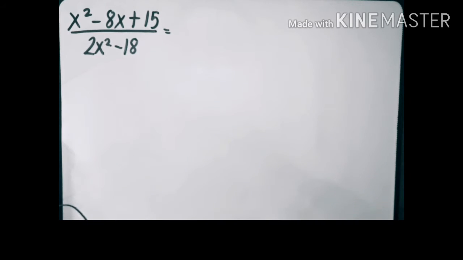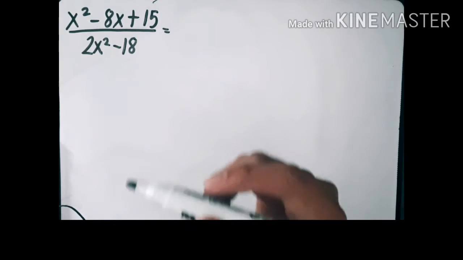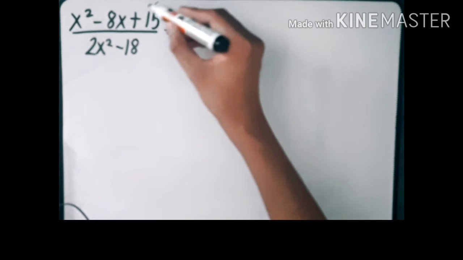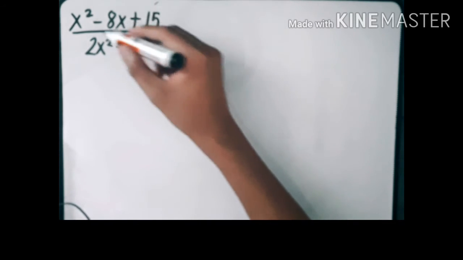How about x squared minus 8x plus 15 over 2x squared minus 18? Una, since ito ay trinomial, yung nasa numerator, we have to think of two numbers that have a product of 15 and a sum of negative 8.